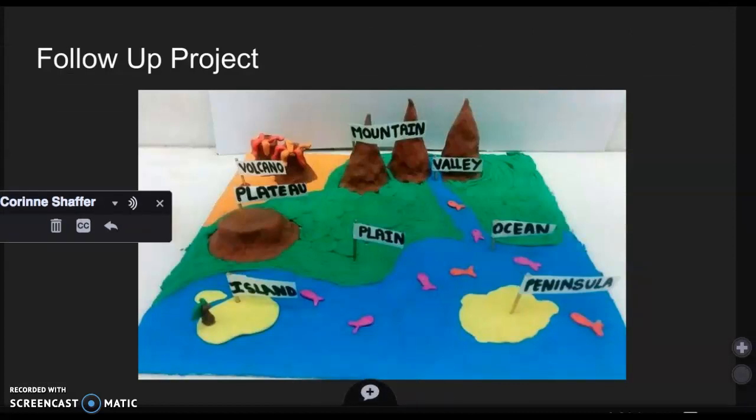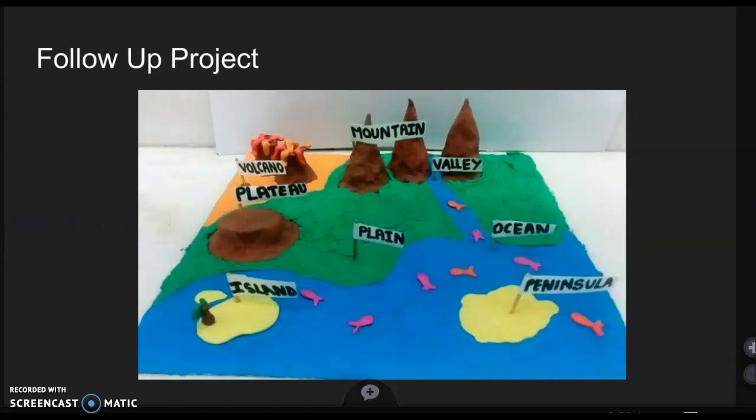So after students finish the chart and can really understand what each different landform or body of water is and looks like, where it's placed in the world in relation to the other landforms or other bodies of water, students should be able to make their own diagram. Throughout this unit, we learned a lot that student attention plays a big role in helping them to learn.